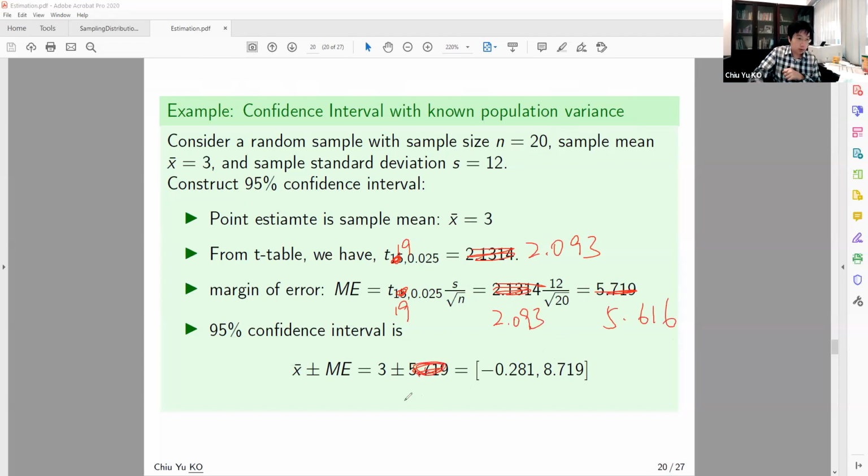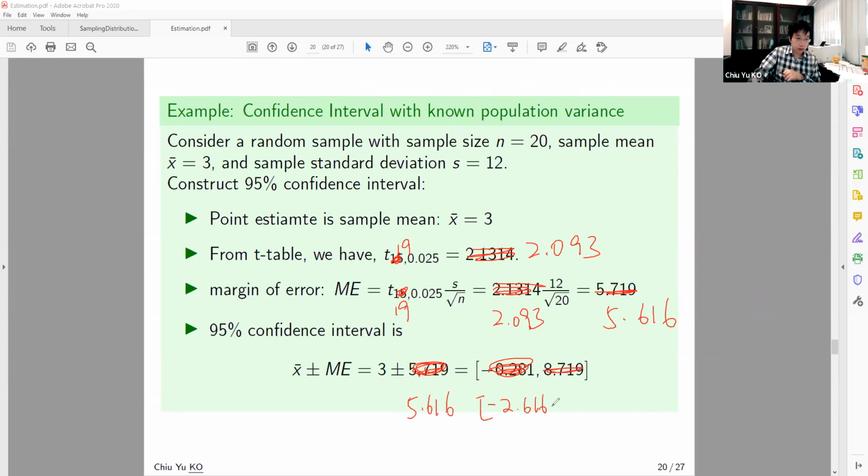This is 2.093, and this is negative. So this is negative 5.616 and 3 minus 5.616 is negative 2.616.